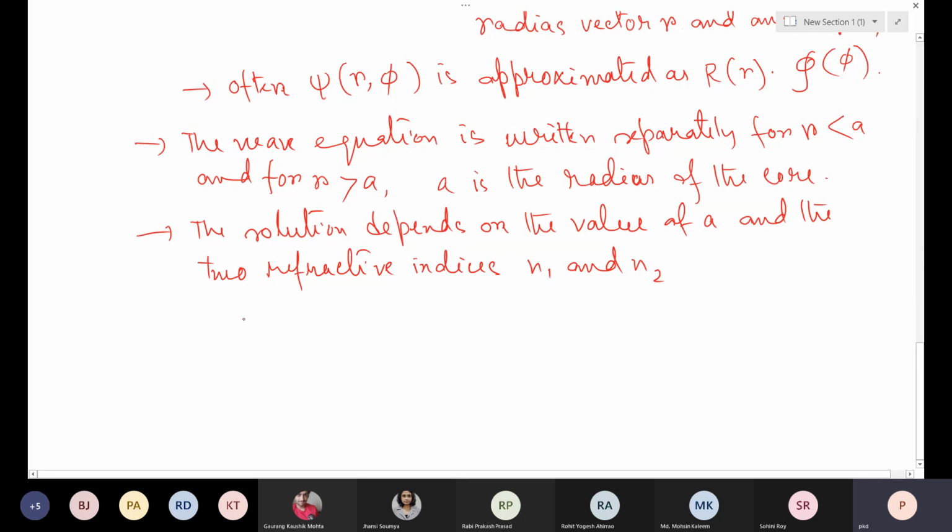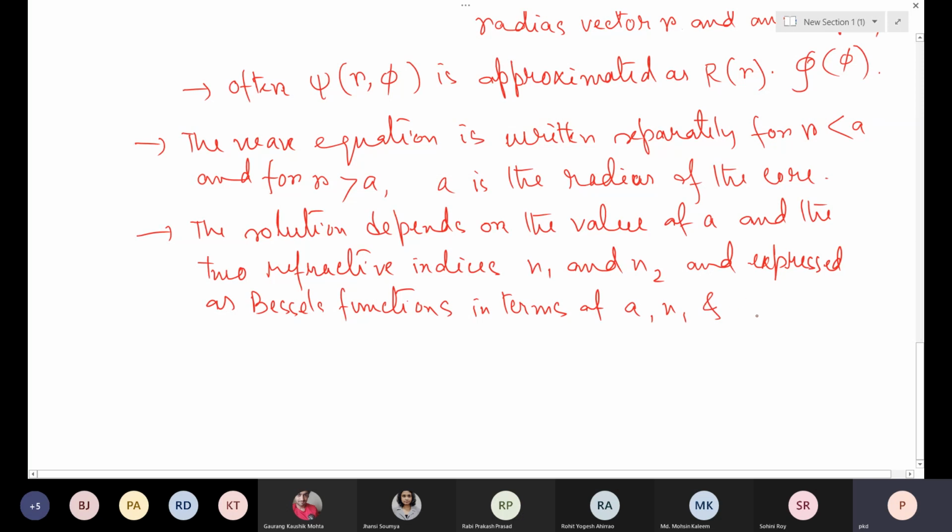So if we define, say, two parameters, and expressed as Bessel's function, in terms of a, n1 and n2.